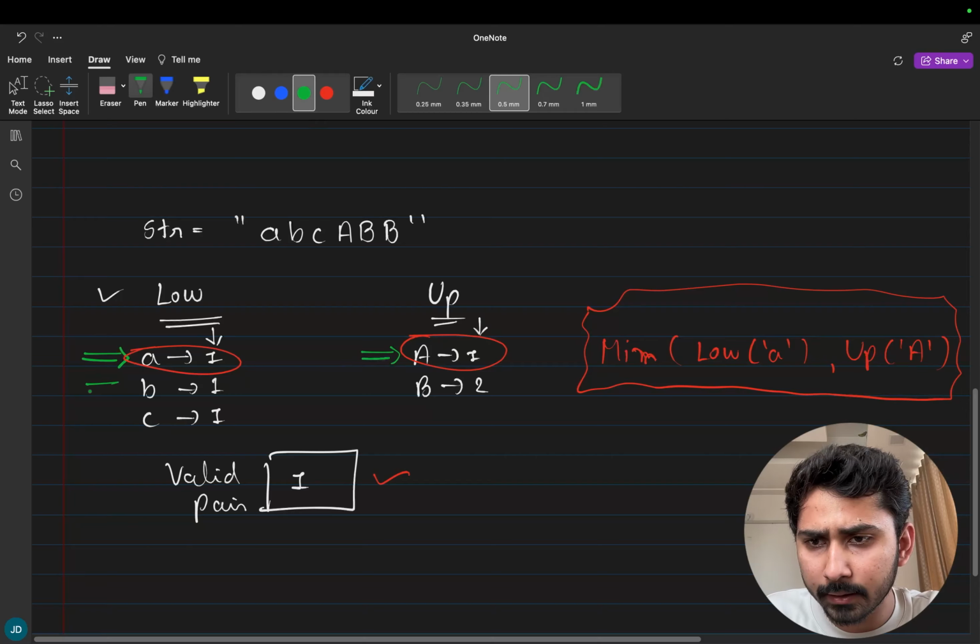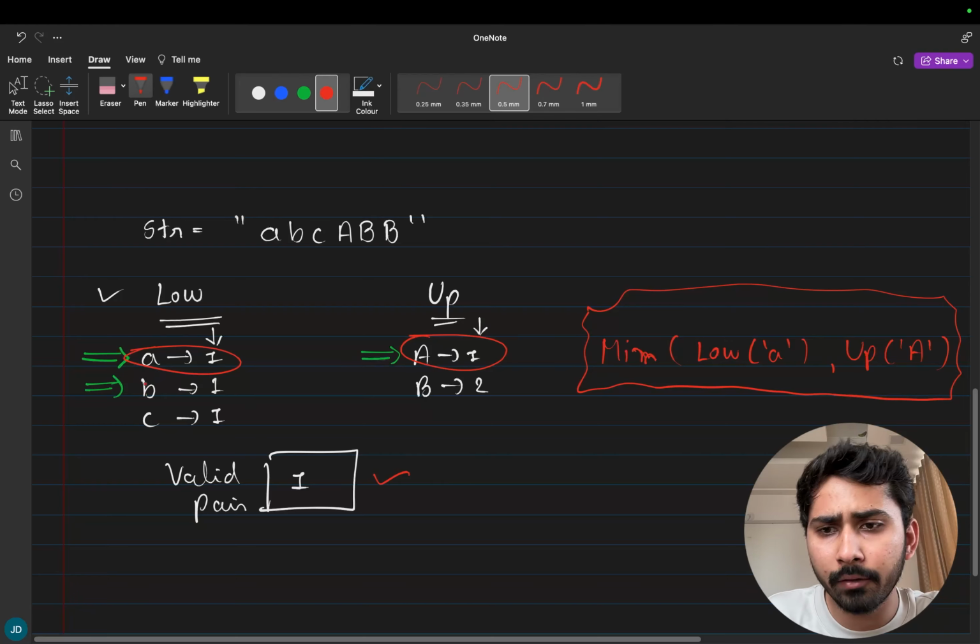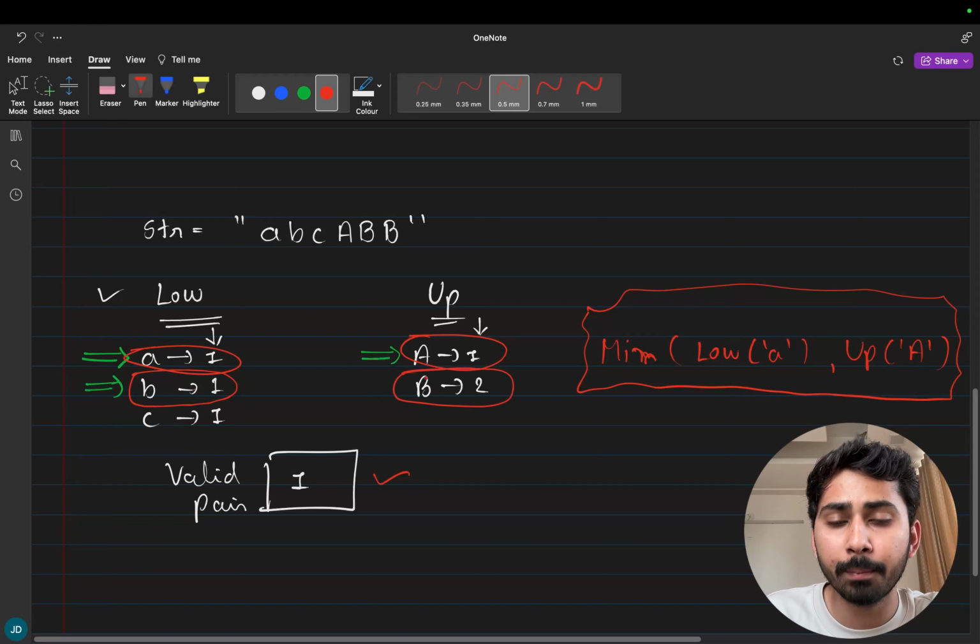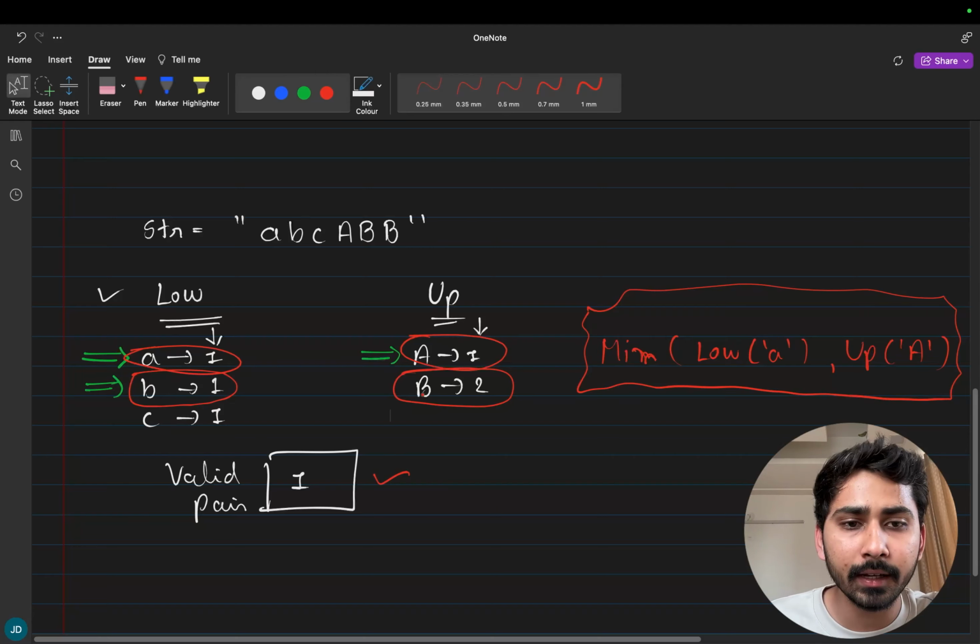Now let's move to the next lowercase alphabet, B, and find out how many valid pairs character B gives us. Here is the frequency count of lowercase b, and here is the frequency count of uppercase B. Now you will understand why I have taken the minimum.